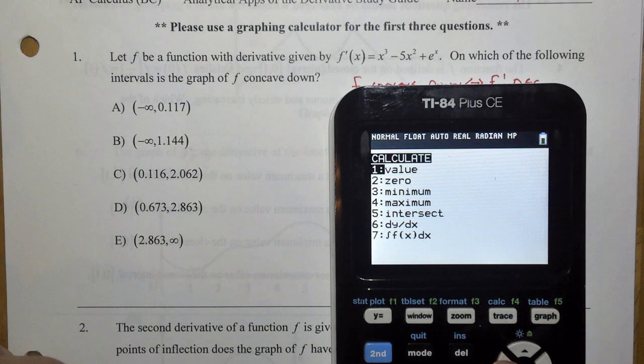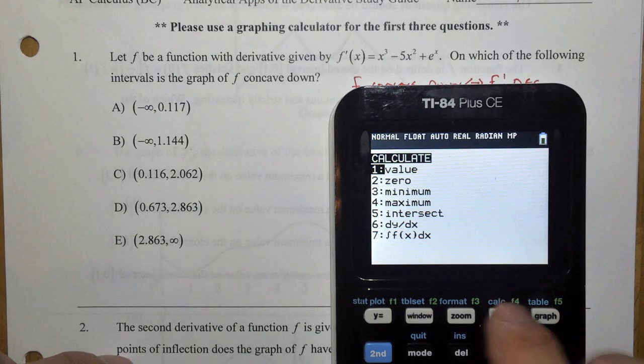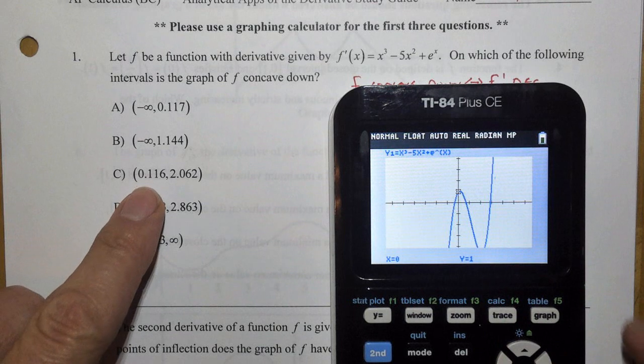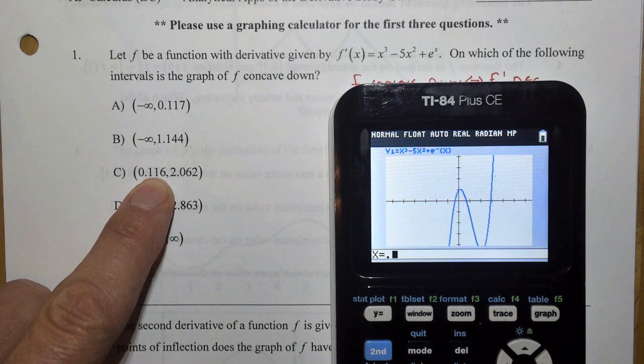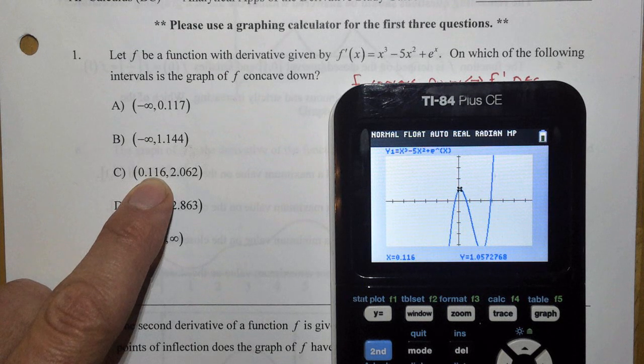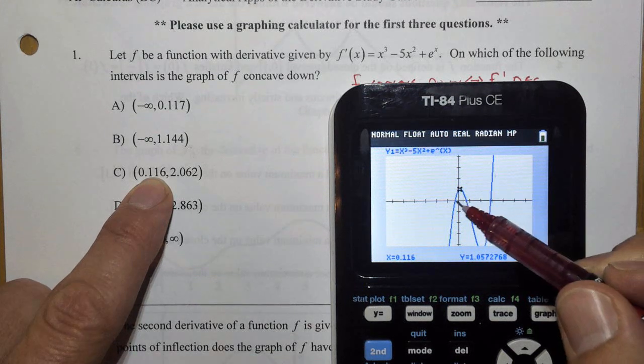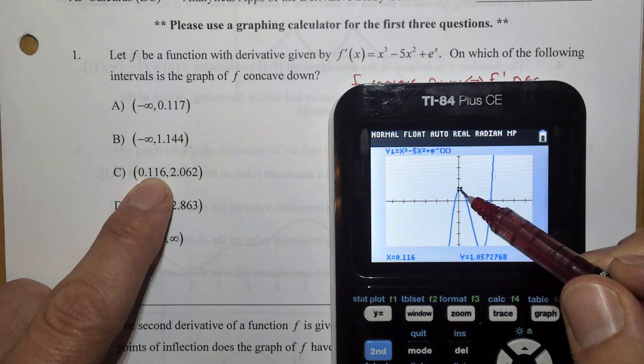If you go to 2nd Calc, you can actually find the maximum and minimum and get the exact values. I think we can probably get this squared away with the trace function, because we know what our numbers are. So let me trace to 0.116. When I do that, it does seem like that is pretty close to, if not at, the top of the curve there at the relative max.